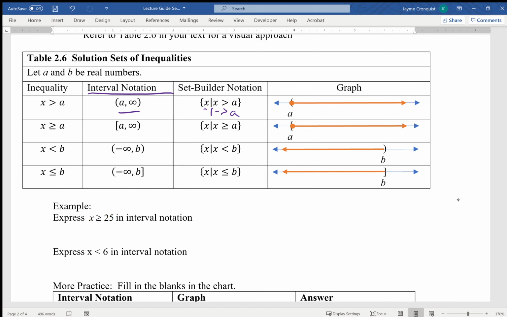X such that x is greater than or equal to a. All right, here because it's got an equal to portion, it has a square bracket. Notice infinity still has parentheses. Negative infinity, both have parentheses. This one would have the equal to part. This one would have no equal to part. There we go. It's pretty straightforward and actually quite visual.